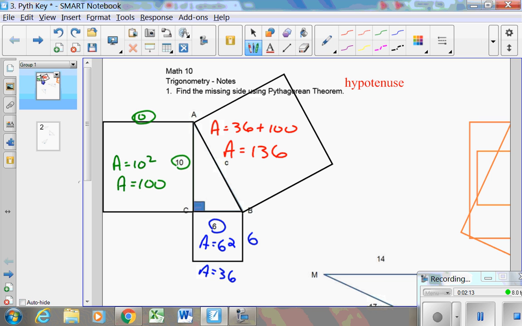136 squares. And what we want to be able to do then is use our skills from the first page. If you have a square that has an area of 136, the way you find the length of the side for that square is you use the square root button. So we have work for finding the area is 136, and again, this is a squared plus b squared equals c squared. 10 squared plus 6 squared, or 6 squared plus 10 squared, is 136.